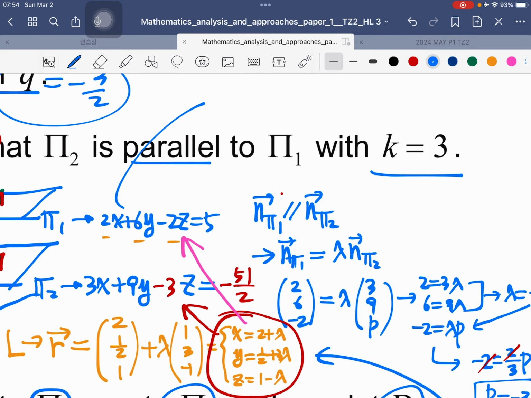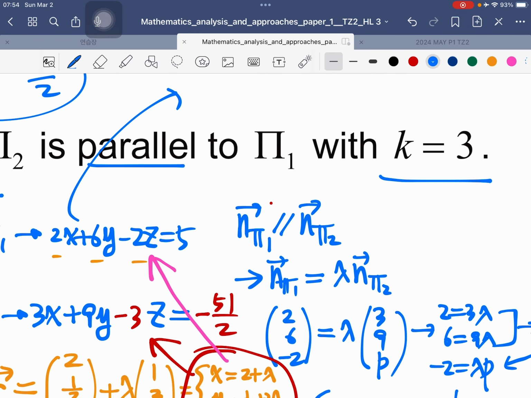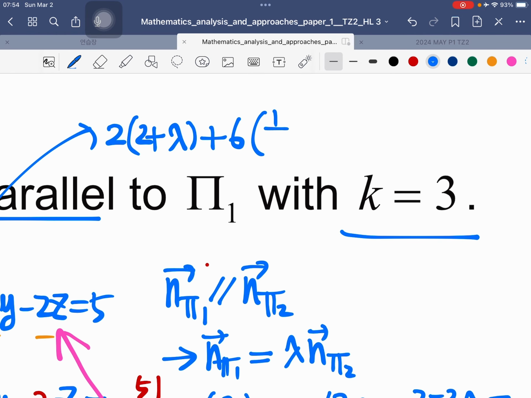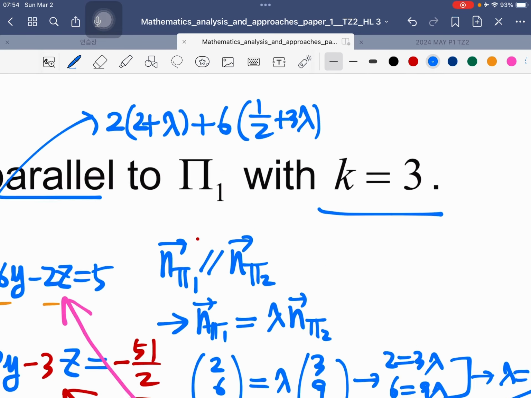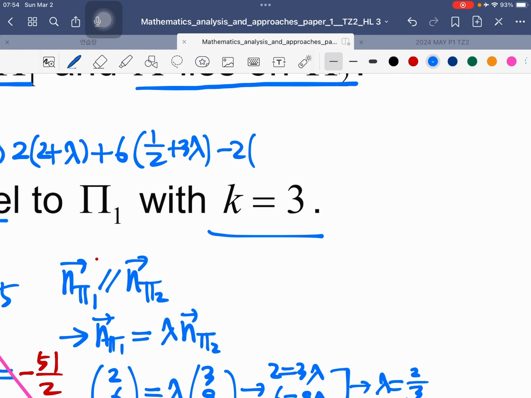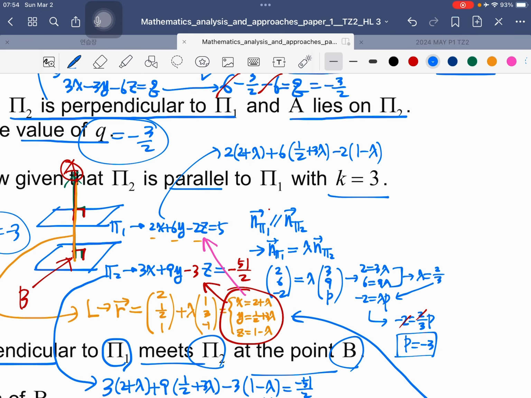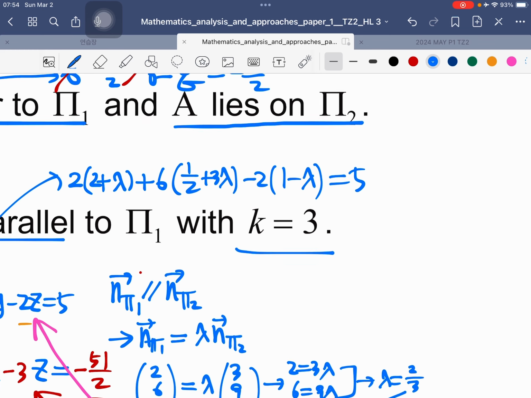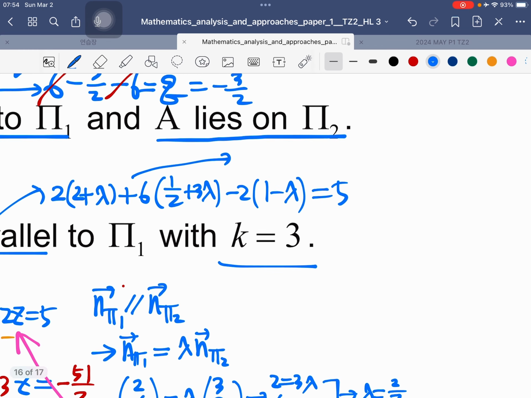So let's go like this. 2 times (2 plus lambda), plus 6 times y coordinate, 1/2 plus 3 lambda, plus minus 2 times z coordinate, 1 minus lambda, equals 5. We need to find lambda.